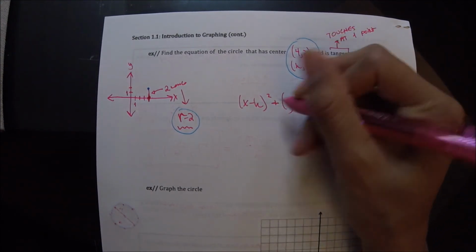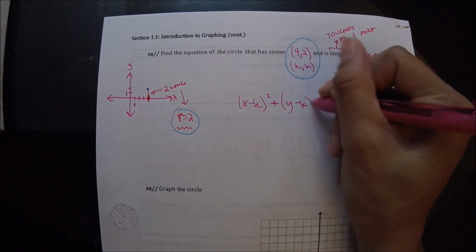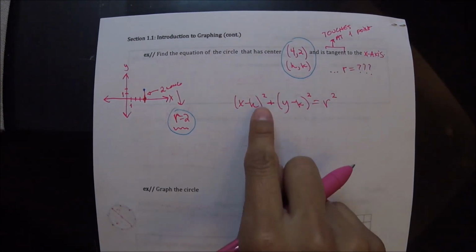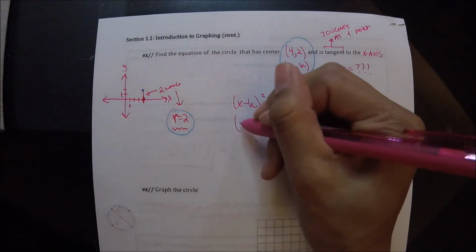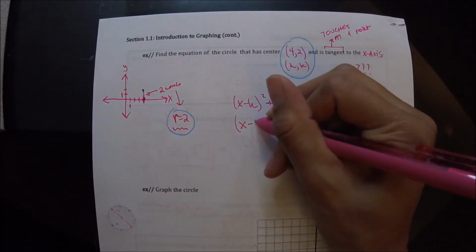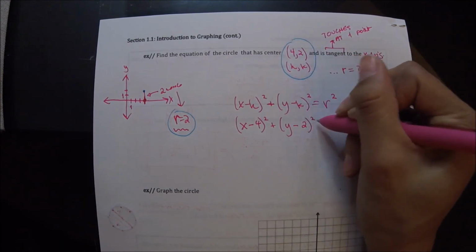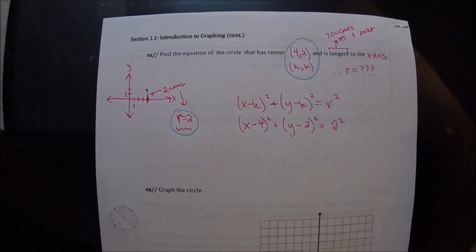(x minus h) quantity squared plus (y minus k) quantity squared has to equal the radius squared. And then let's just plug in h, k, and r. So (x minus 4) squared plus (y minus 2) squared equals the radius squared.